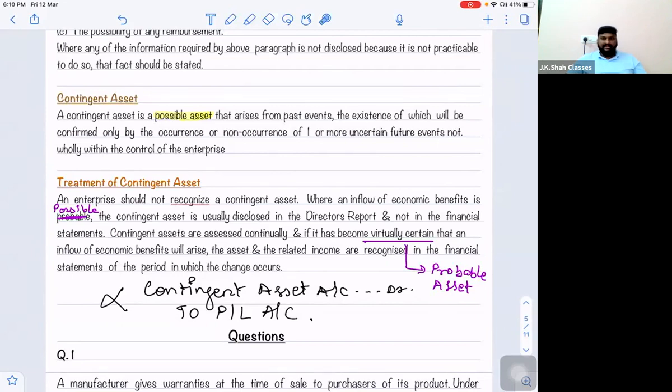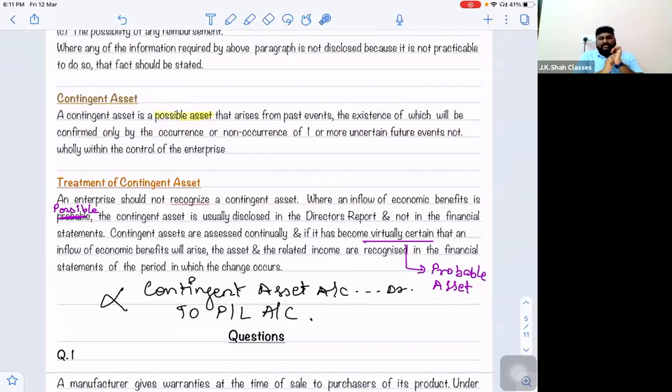Anybody who would like to ask anything, please go on. Yes, sir, I just had a clarification. If it is a probable asset and we record it in the financial statements, that would be against what, conservatism?